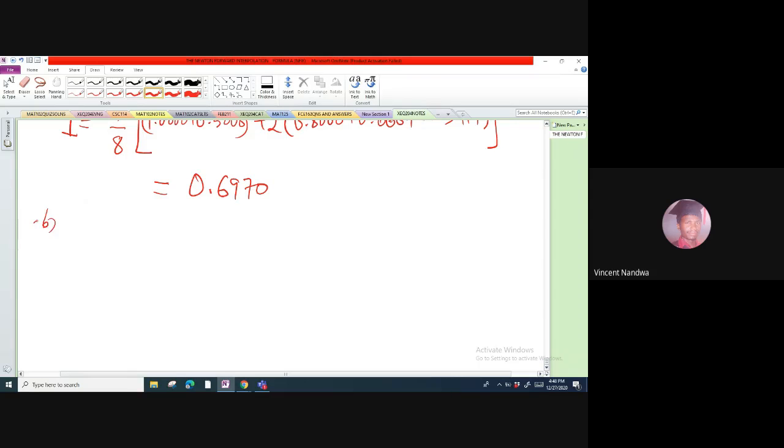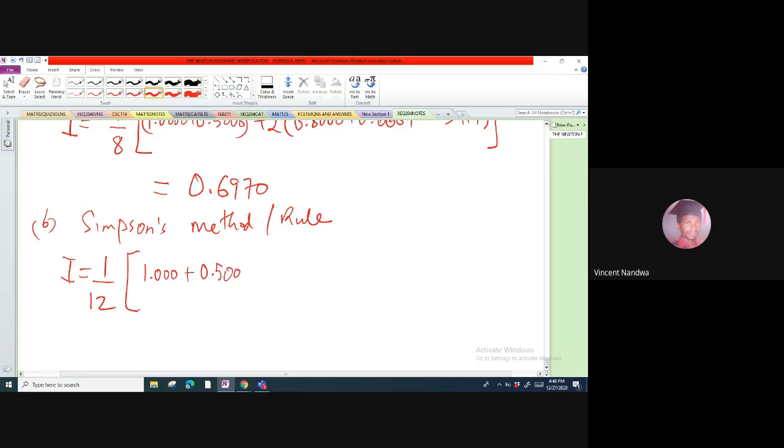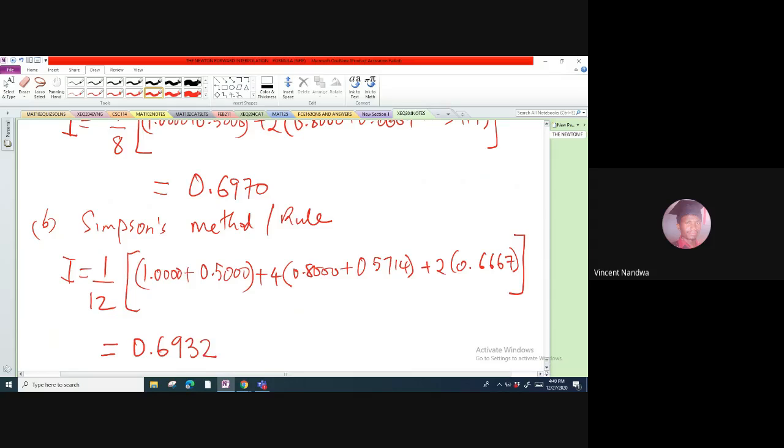And then if we use Simpson's rule, the integral will be given by 1 over 12 into 1 plus 0.5 plus 4 into 0.8 plus 0.5714 plus 2 into 0.6667. When you work this out, you get 0.6932.